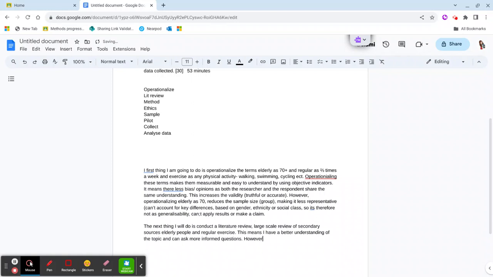However, literature reviews are time consuming. And as an A-level student, my time is limited. There's also a cost to access academic journals.